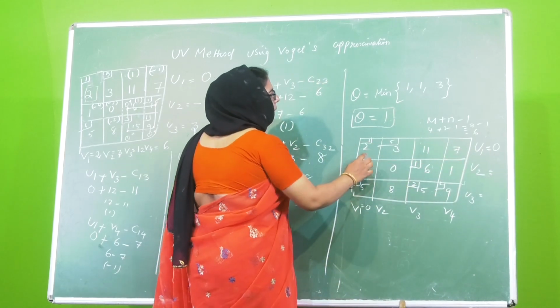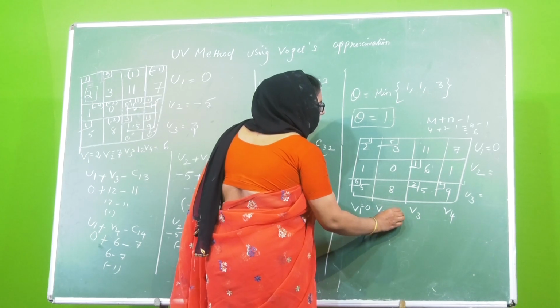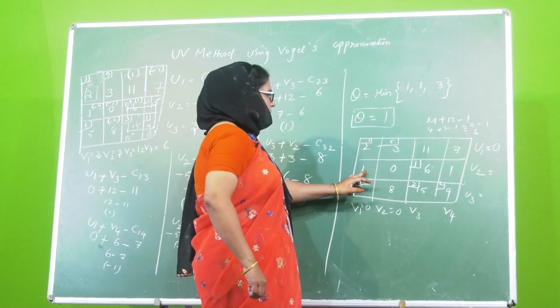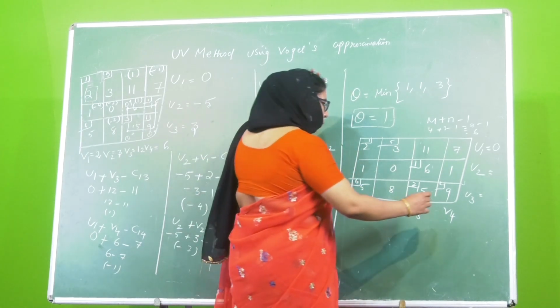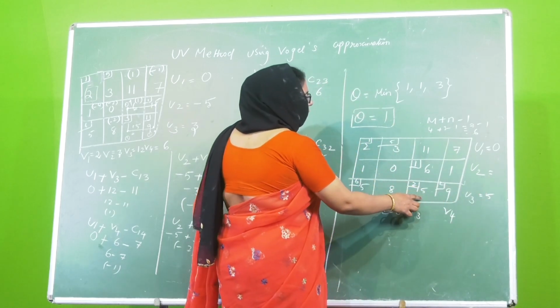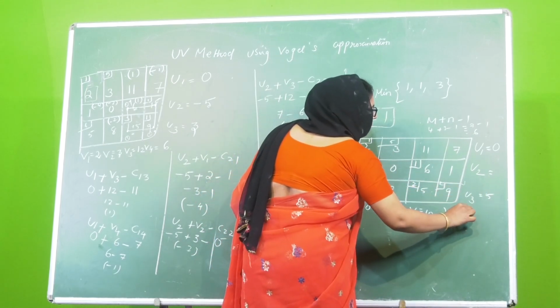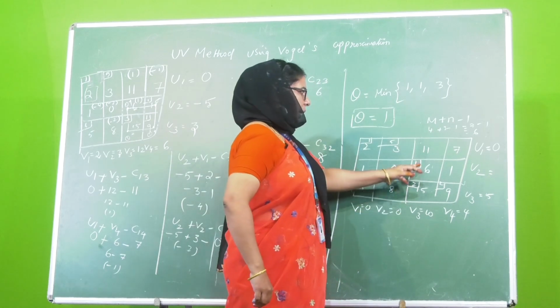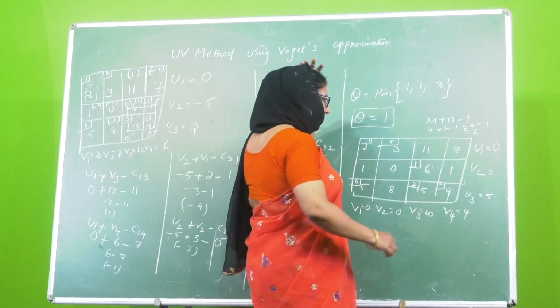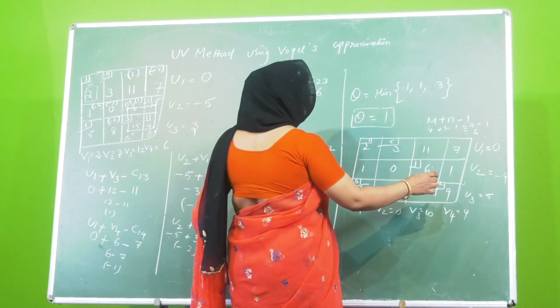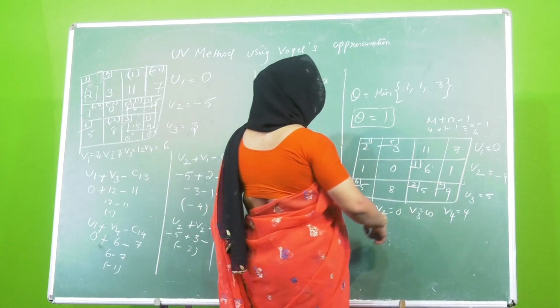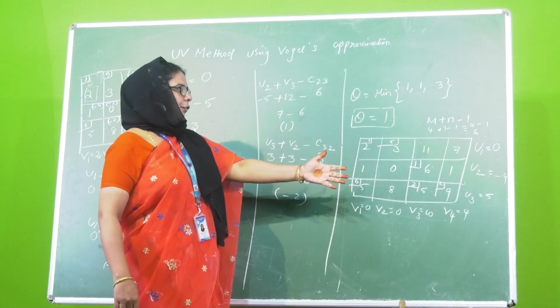That is 2 minus 0, 2, and 3 minus 0, 3. And for the original allocation 5 minus 0 is 5. Using that value, 15 minus 5 is 10. 9 minus 5 is 4. That value 6 minus 10 is minus 4. So we find all the values from u1 up to v4.